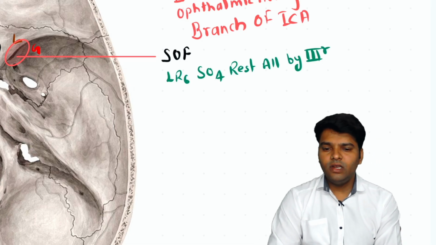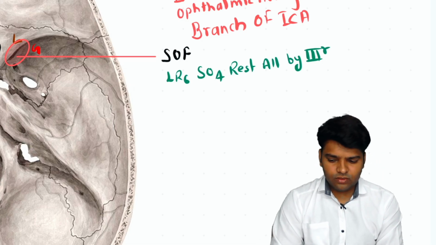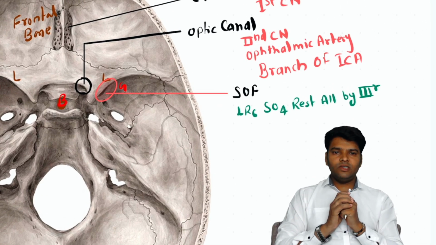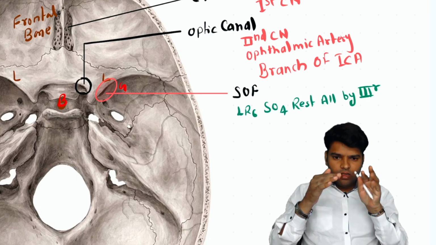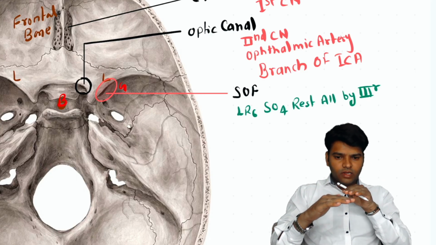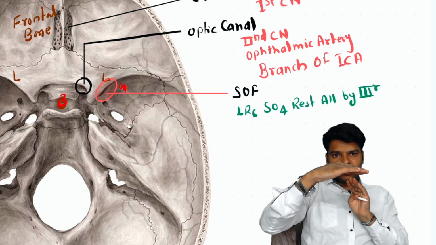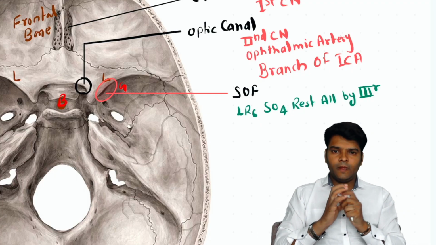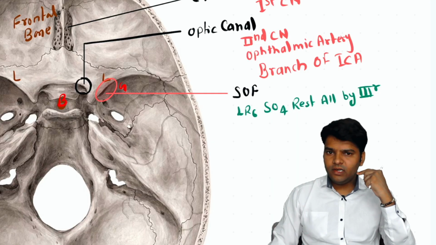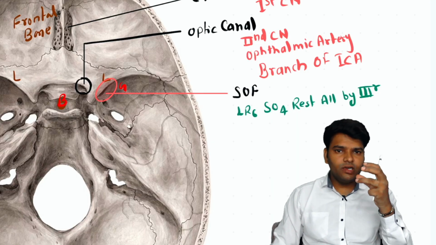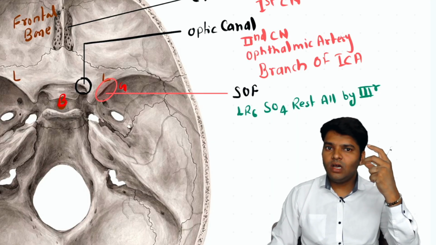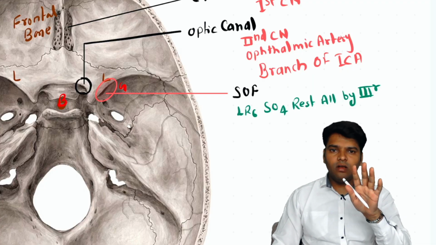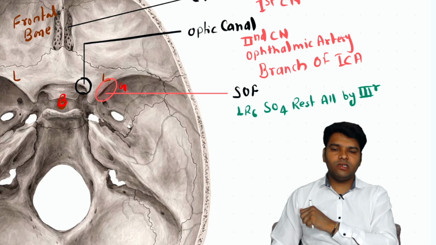Okay, what is the meaning of this? Just try to understand. From the superior orbital fissure, when you see the skull base, the structures enter the orbit. The structure present in the orbit is the eyeball, and the eyeball is surrounded by six extraocular muscles.